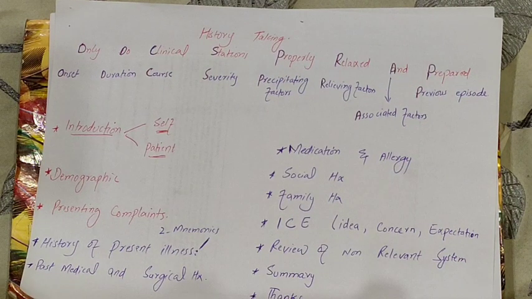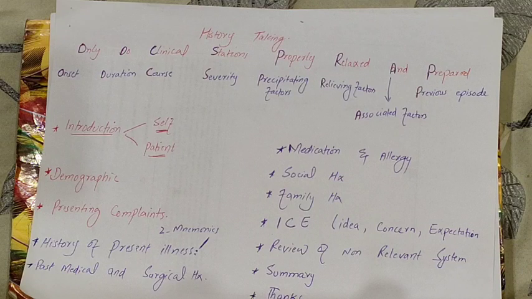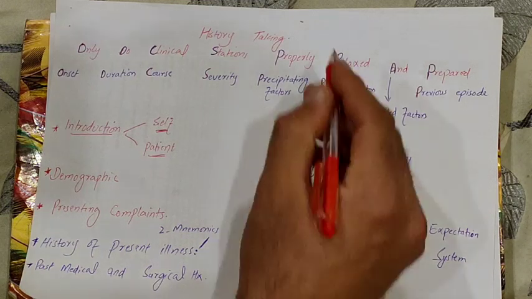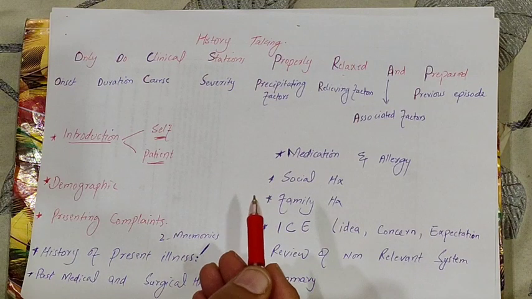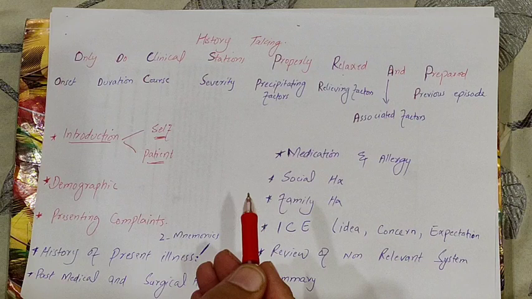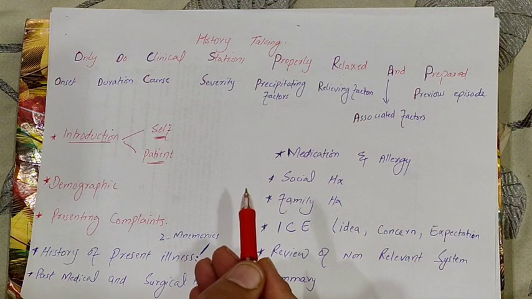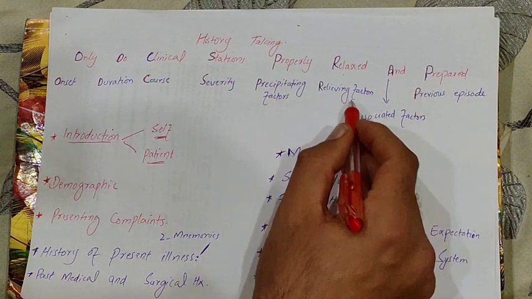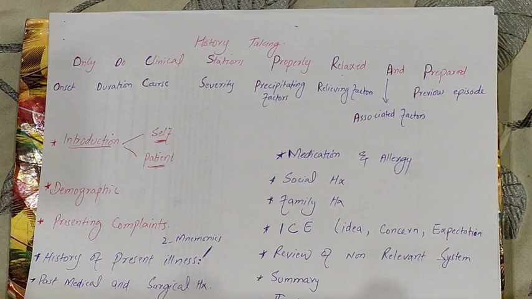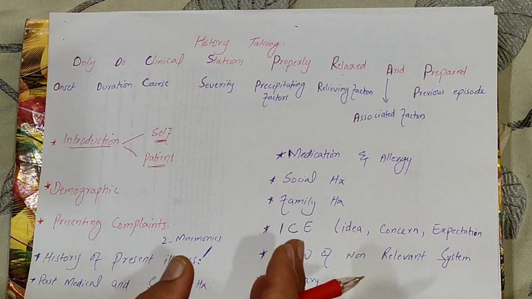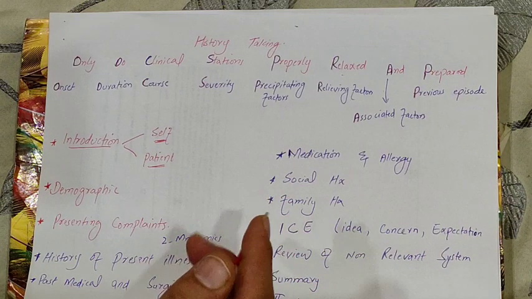You can ask, have you noticed anything that brings the lump on or increases its size? I'm just asking about the precipitating factor. Now coming towards relaxed, relieving factors: have you noticed anything that decreases the size of the lump? It's a relieving factor. Now coming towards the end, A for associated factors. The remaining history you will ask in associated factors.